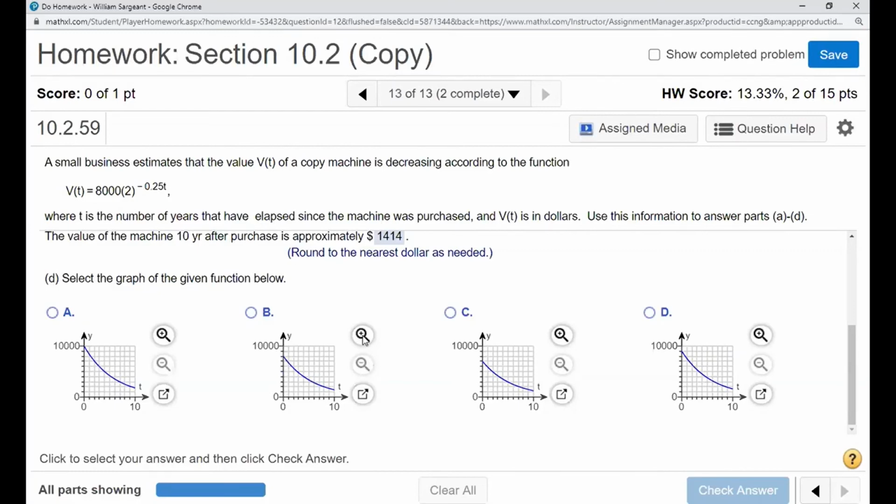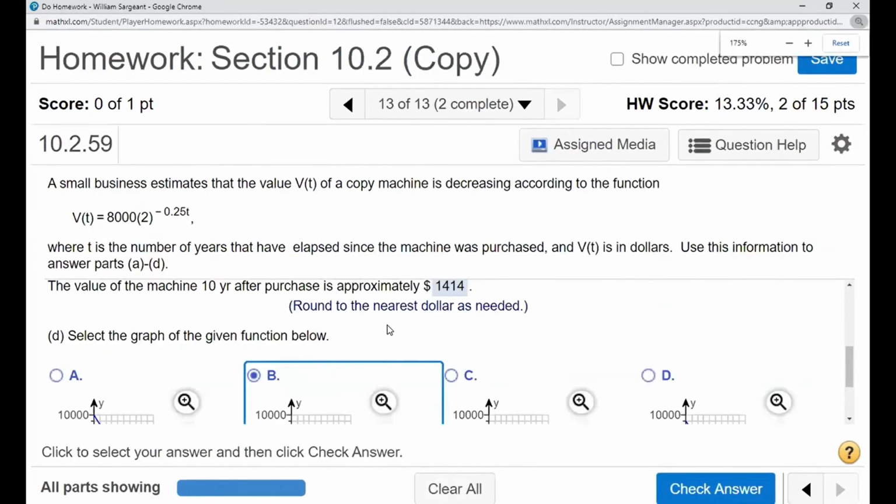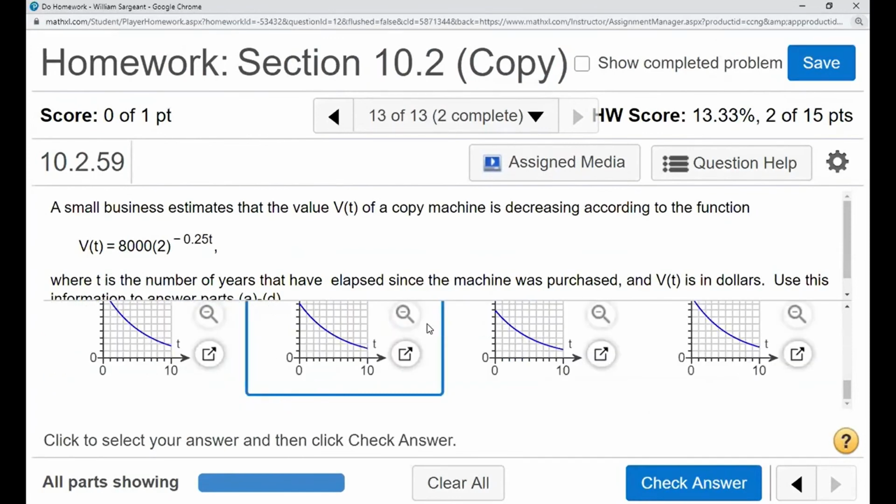Seems like it's going to be either part B or part C. If I zoom in on that a little bit, the choice in C appears to be 10 years, giving us about 1,000, whereas in choice B, somewhere between 1,000 and 2,000.